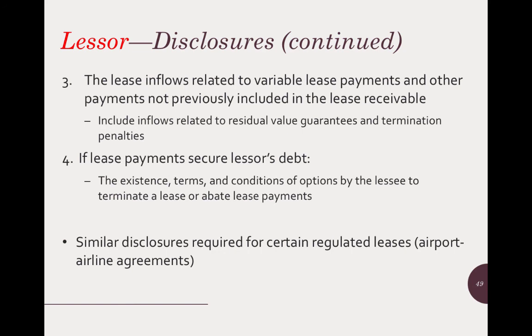If there are lease inflows that are related to variable lease payments that weren't previously included in the lease receivable, those should be disclosed. If the lease payments are securing the lessor's debt, then there's some disclosure that needs to be made related to that debt and explaining how they're related to one another.